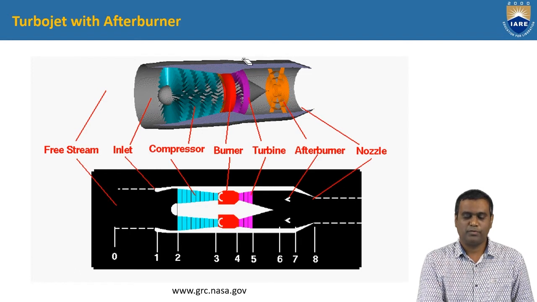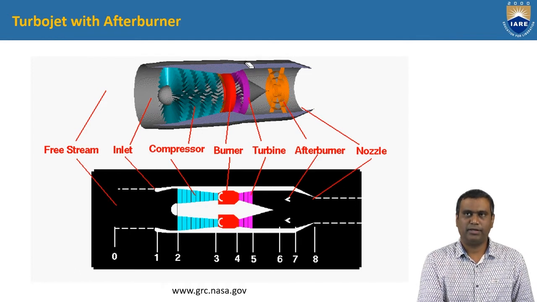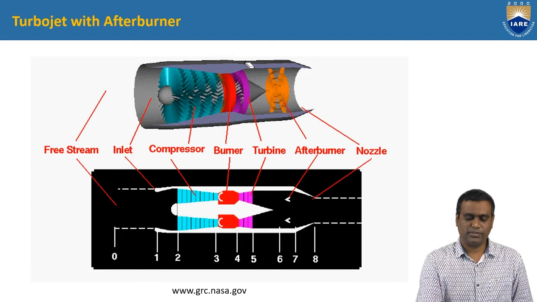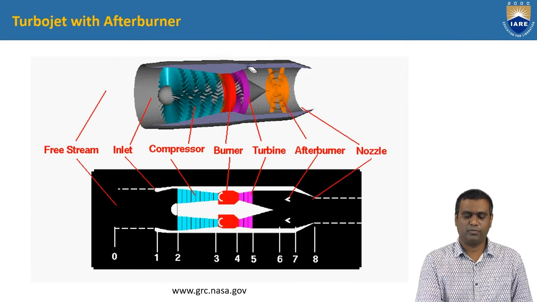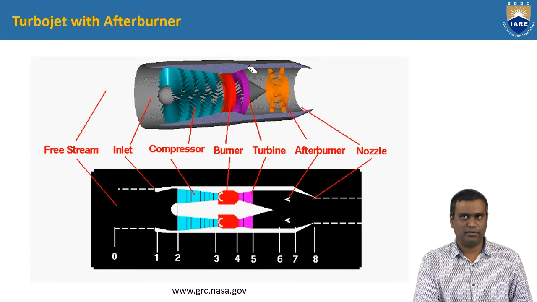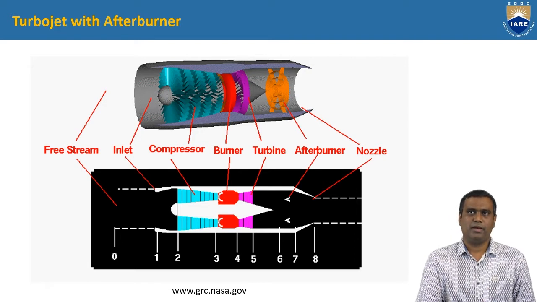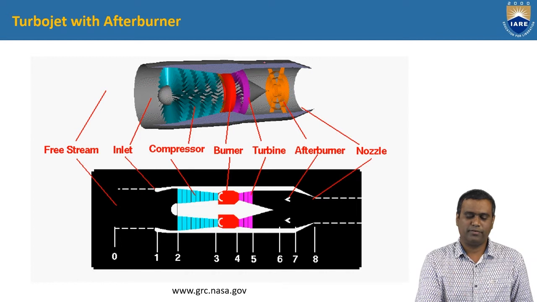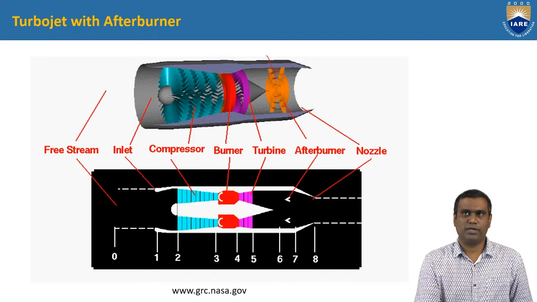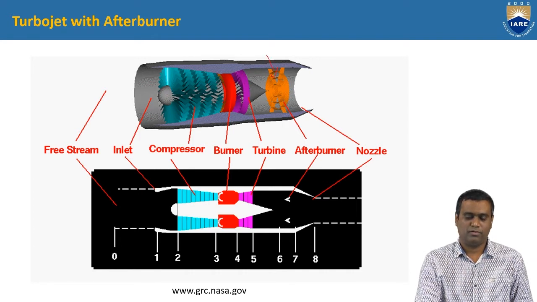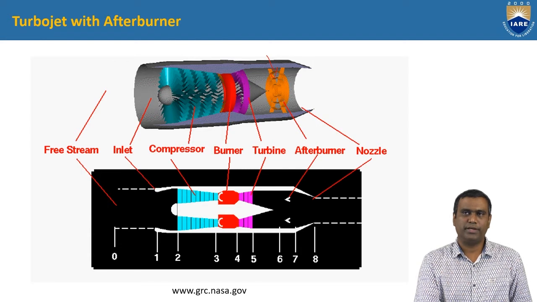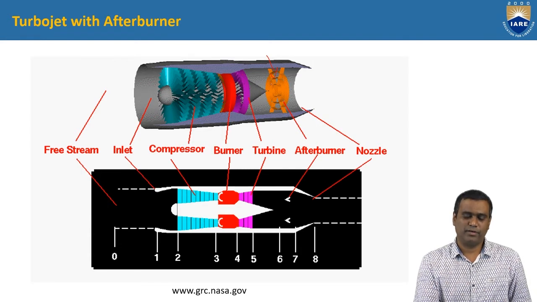So to provide necessary thrust, an additional amount of fuel could be injected through the afterburner. Here, through hoops, additional fuel will be injected and burning takes place. Then further it would be passed through the nozzle, right?